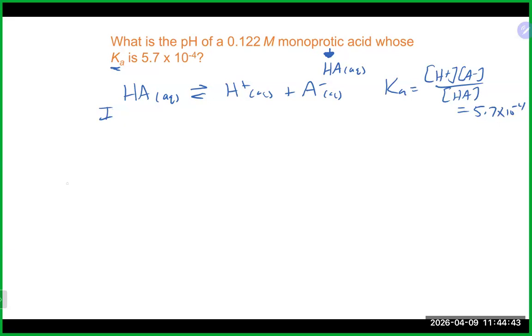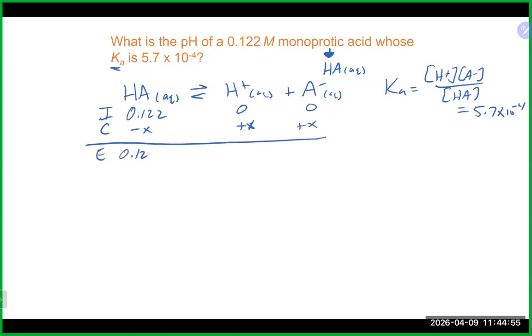Going into our ICE table here, we have 0.122 and 0 and 0. Change is going to be minus x, plus x, plus x, equals 0.122 minus x, x, and x. Question on the table there?